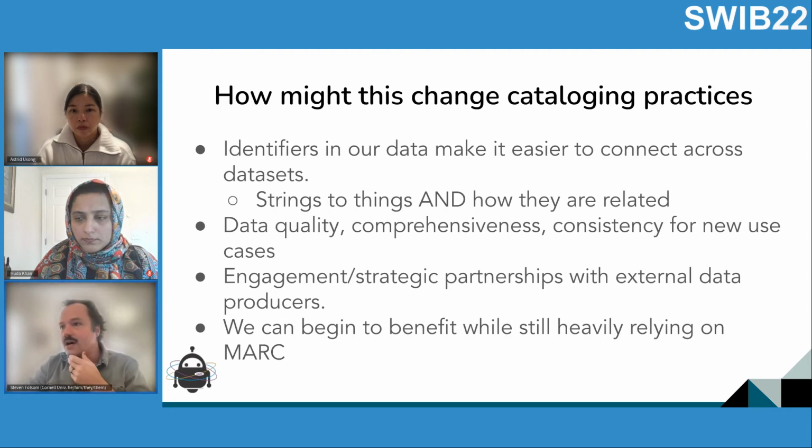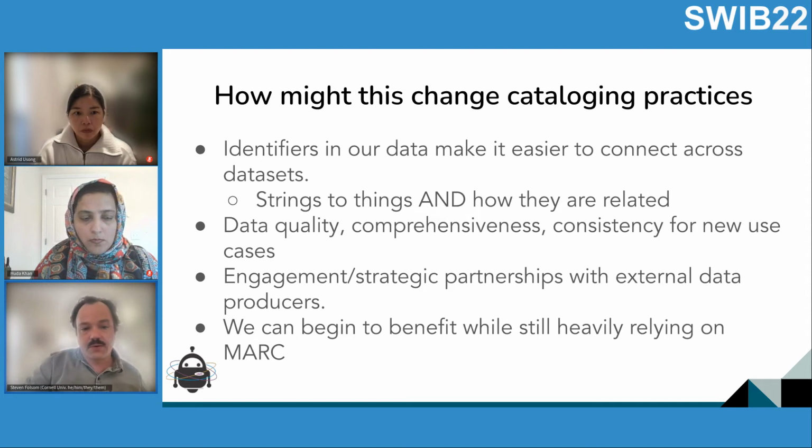And then lastly, how might this change cataloging practices? Ideally, the cataloger will no longer have to think about unique strings, and we can focus more on descriptive relationships between the entities to support some of these new use cases, and that's going to require data quality in data points that we haven't traditionally tried to maintain.